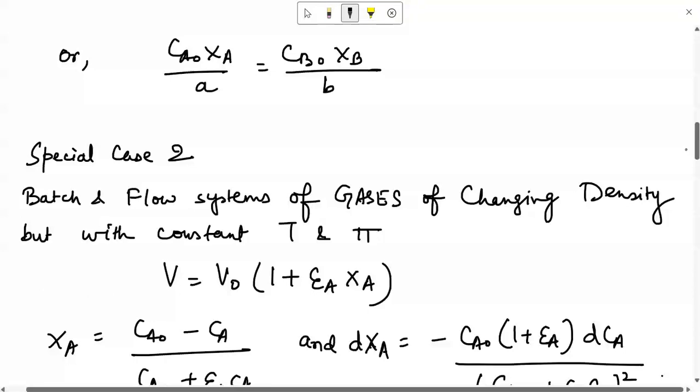So these two special cases are very important. The third special case is a very general study of gaseous systems, and it is more prevalent to study this kind of systems when you are dealing with industrial scale reactors, or for research to find alternative reactor designs for gaseous systems.